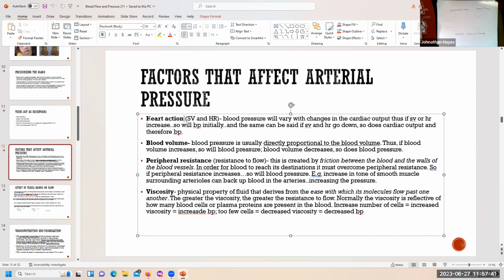Kidneys are a little bit slow, but they can control blood volume. So that's going to take a little longer to fix than if I were just to increase heart action. But even if I have a high blood volume, I can just tell my vessels to relax a little bit more and it won't spike pressure too badly. That's why a lot of times when you have a high blood volume, you'll start to see your vessels pop out of the skin, because they're relaxing and swelling more.